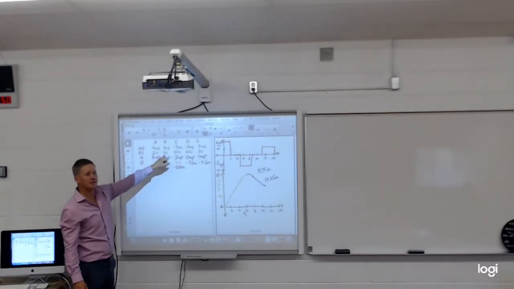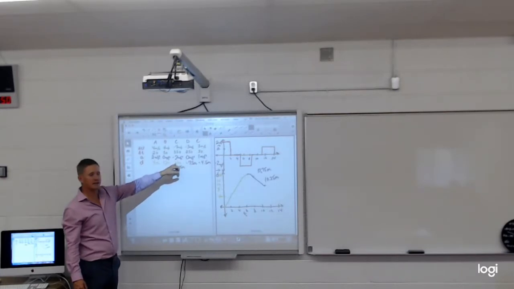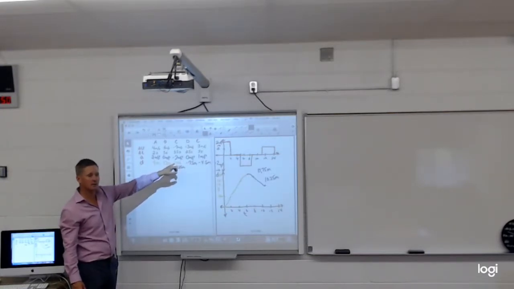After 3 more seconds, that makes a total of how many seconds? 5 seconds. I'm now 16 meters away. After another 2 seconds, I'm another 4 meters away. Okay. So after 7 seconds, I am 20 meters beyond where I started.